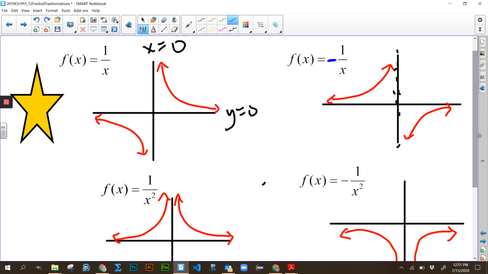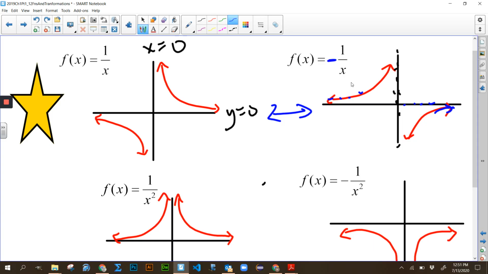You have the same domain and ranges. Everything is the same on these, right? For these two, all the properties are exactly the same. It still has rotational symmetry around 0, around the origin. The end behaviors change a little bit, right? No, they don't. They actually stay the same because as x gets bigger, y gets closer to 0. As x gets smaller, y gets closer to 0.